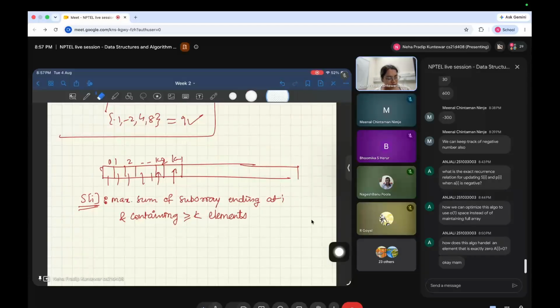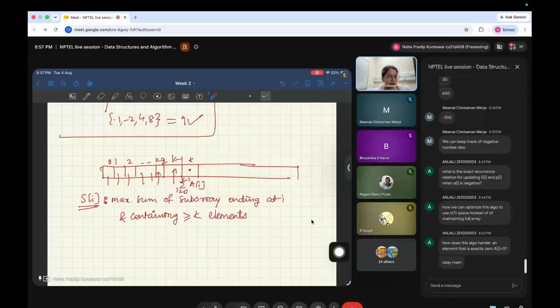So the maximum sum here will be the summation of i from 0 to k minus 1. Okay, and at this point you will have choices. Now you have several options to work with. Your maximum subarray sum can be 1 to k, or it can be 0 to k.